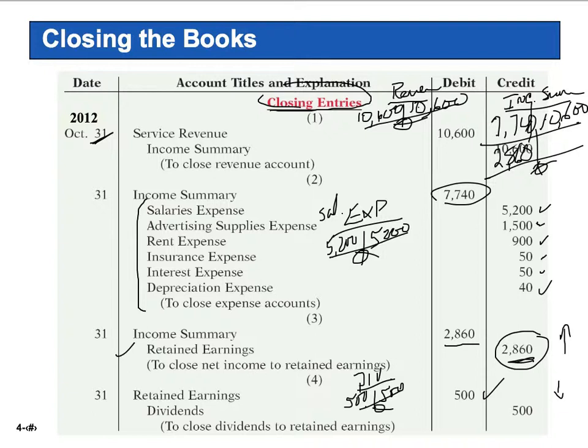And my retained earnings have gone up 2,860 and down 500. So the net effect is retained earnings went up 2,360. And in that way I've transferred the net income to the retained earnings. The only thing that's left in my ledger then are the balance sheet accounts.